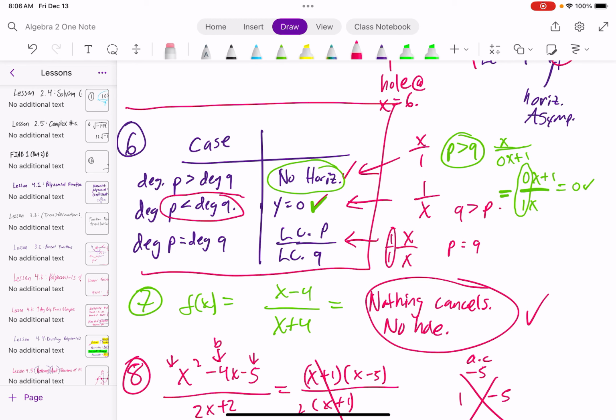But it doesn't make sense to have a horizontal asymptote. I can't even get to infinity, first of all. And to have a horizontal asymptote at infinity is really ridiculous, because you can't get there, and then you're saying that it just keeps going this way.